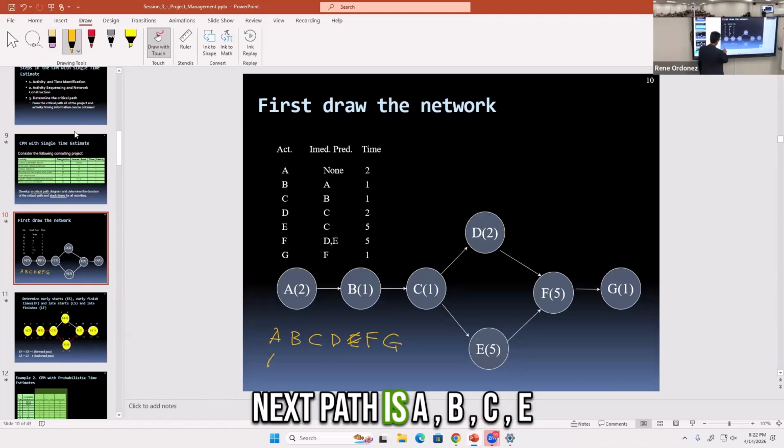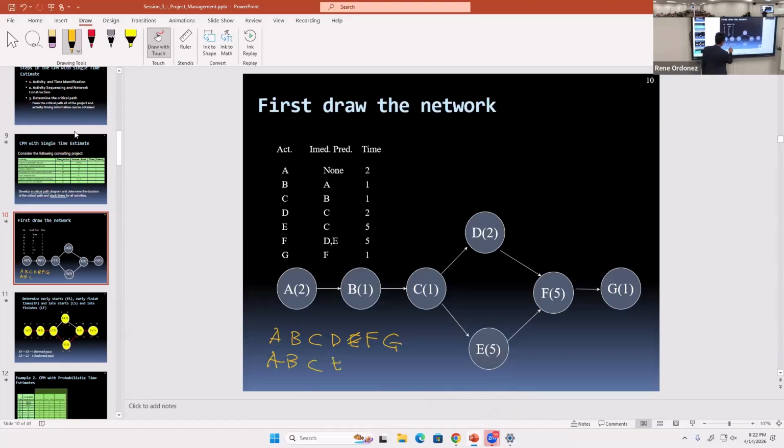And the next path is A, B, C, E, and then F and G.